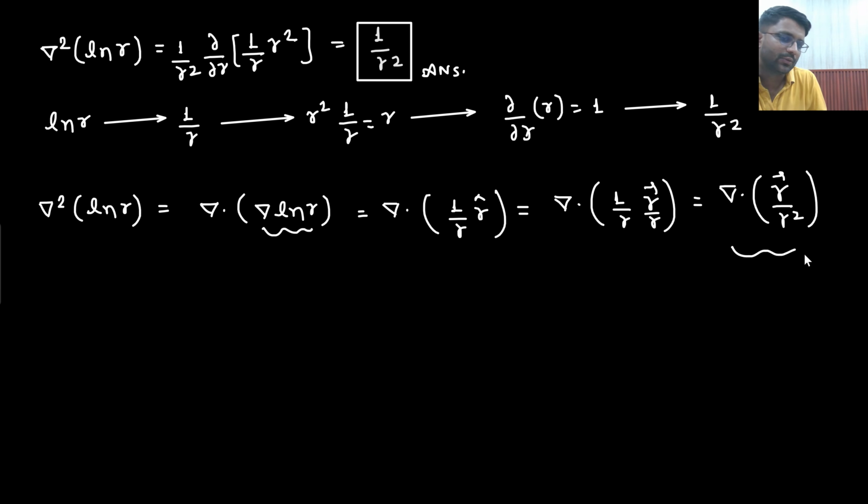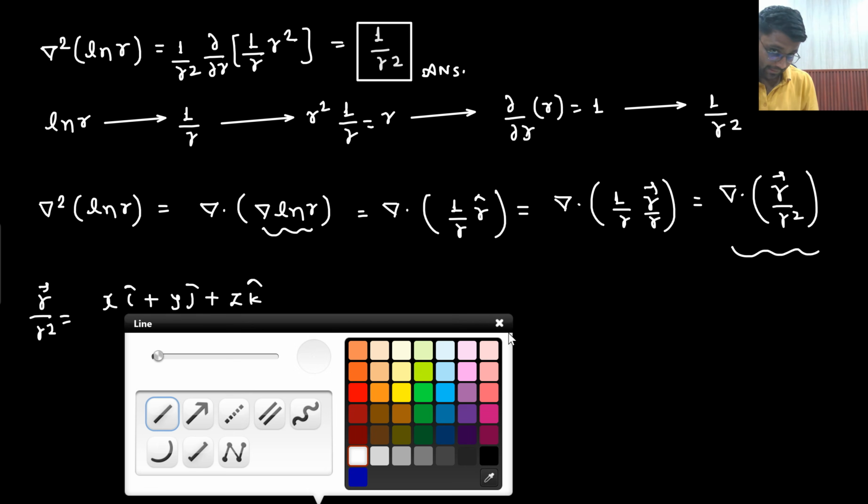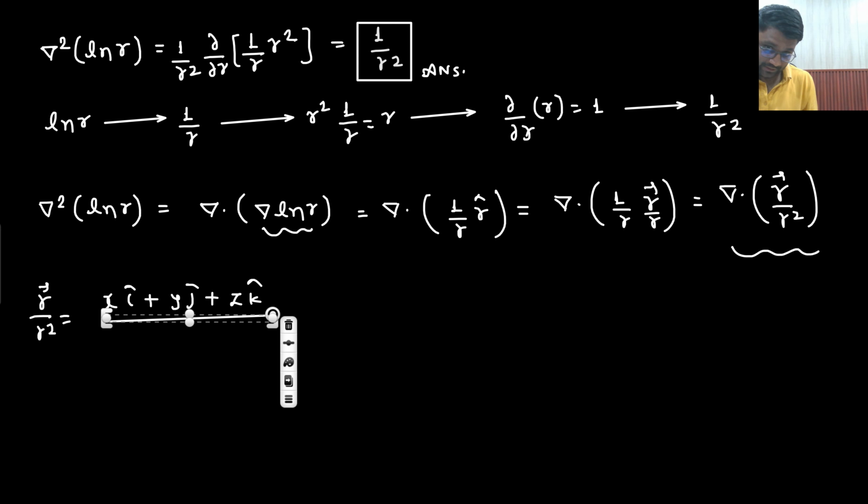Now this is what we are supposed to calculate: the divergence of r vector divided by r square. r vector is nothing but x i cap plus y j cap plus z k cap, divided by x square plus y square plus z square.